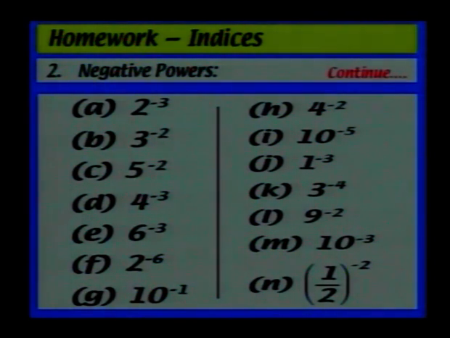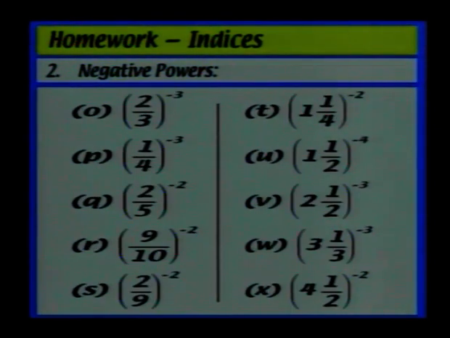Letter K is 1/81. Letter L. 1/81. Kila. M. 1/1000. N. Livingston. 4 is correct. O. Patrick. 3 and 3/8.